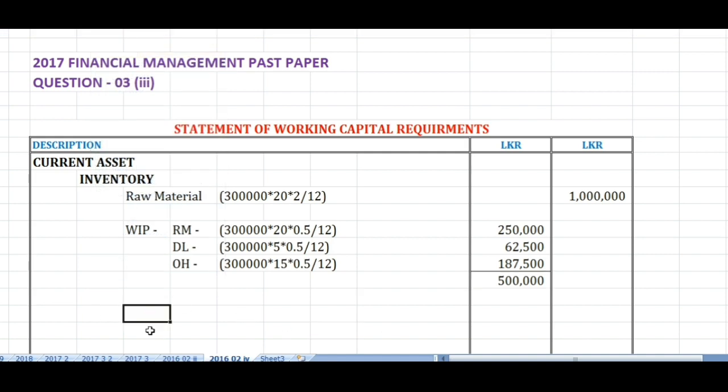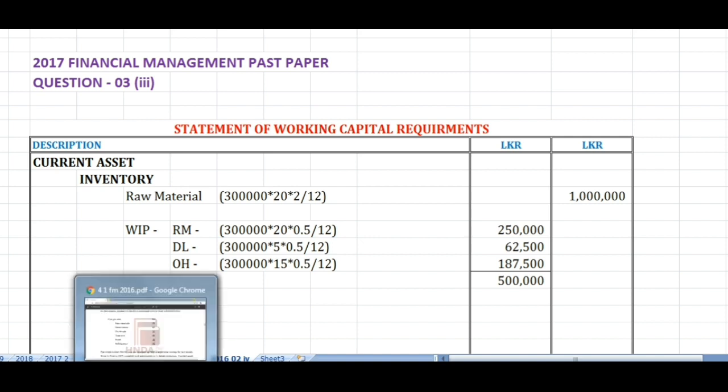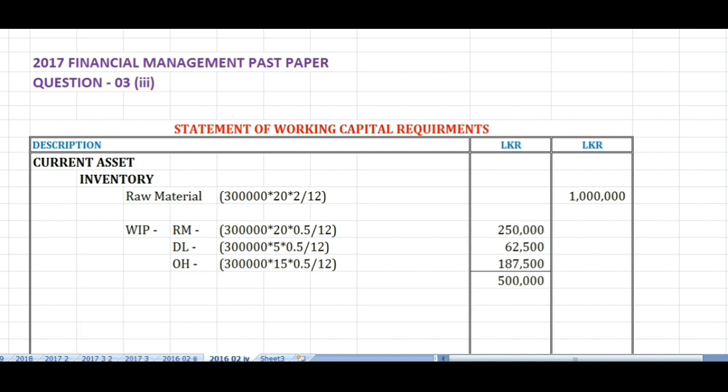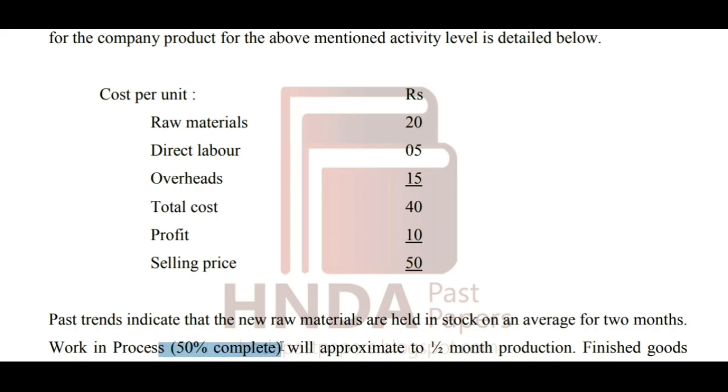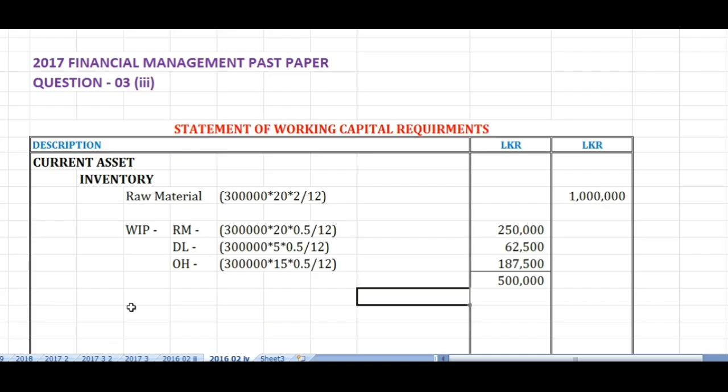On this total work in progress, 50% is degree completion. In this question, 50% complete. So we have to consider only 50% value for the work in progress.